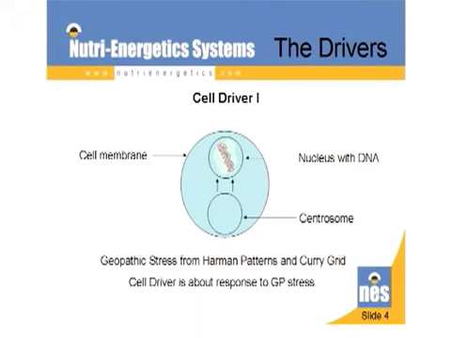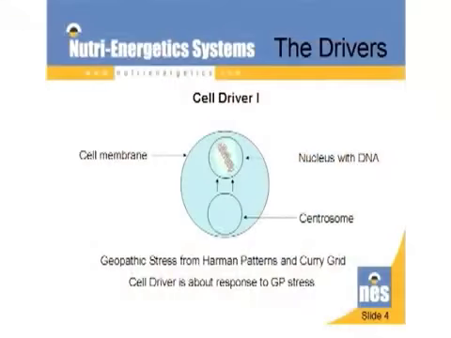And here we're talking about the receptivity of the centrosome to geopathic stress. Remember, I'm talking about geopathic stress because it's a mixture, an interaction between the Earth's magnetic energy from the core of the Earth and gravity. There's some interaction. This is known to happen in physics, and it can also happen in your body.